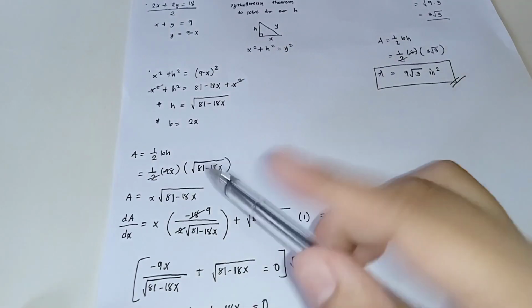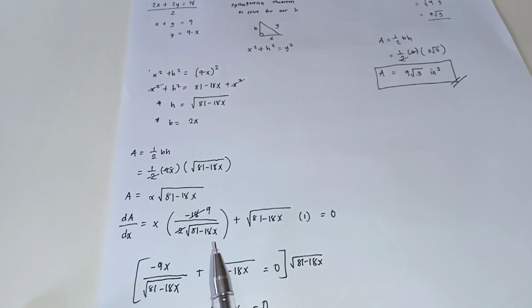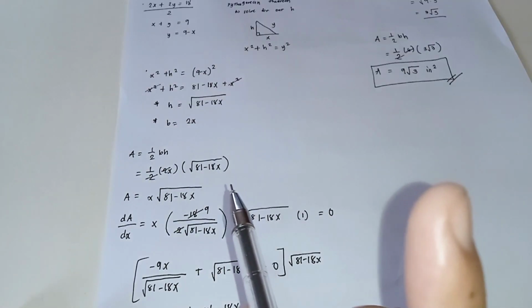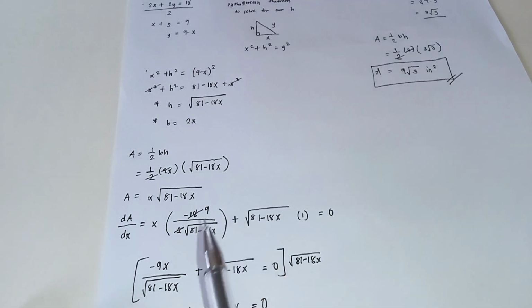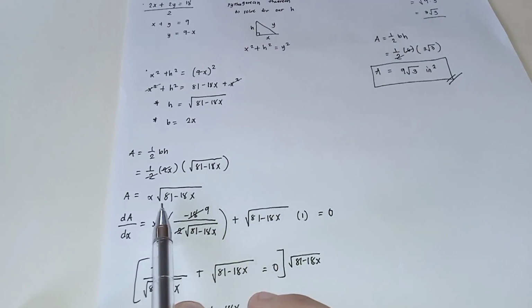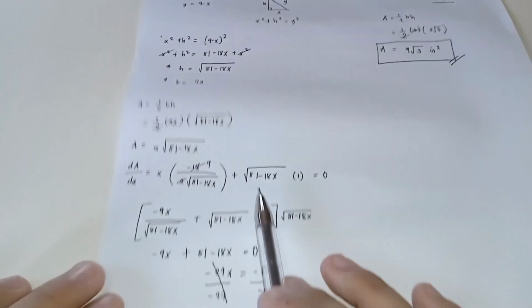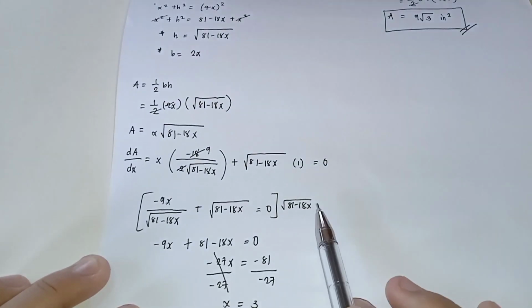So we did the derivation. Since we already expressed the quantity in terms of only one single variable, we derive it by using the product rule and equate it to 0.